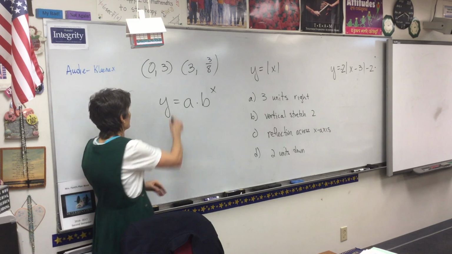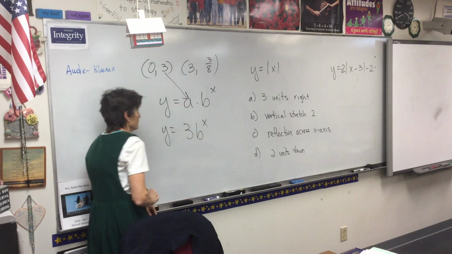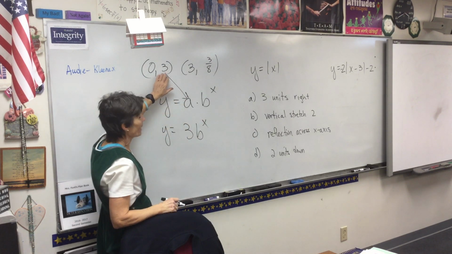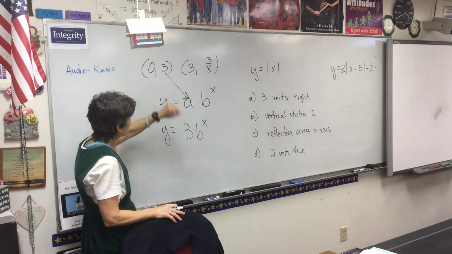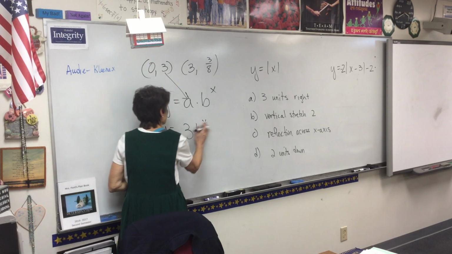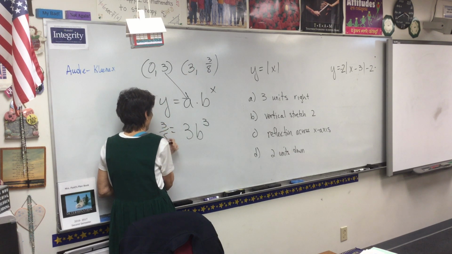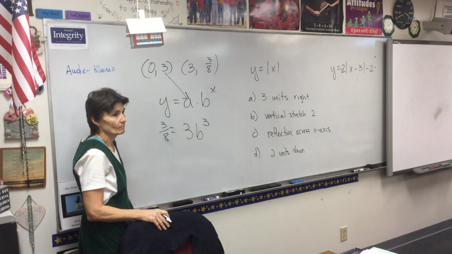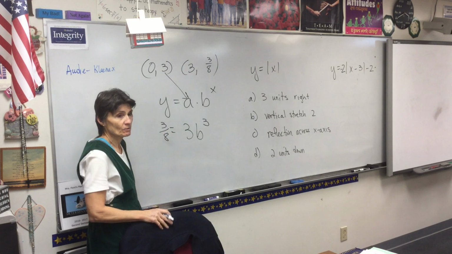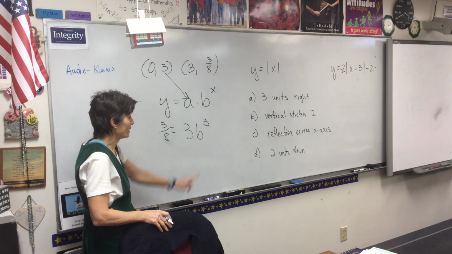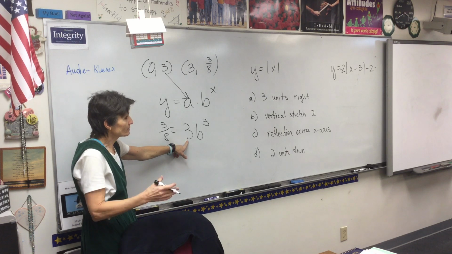Anyhow, we know that a is 3, because a is always the y-intercept, the initial value. So now I'm going to plug 3 in for the x and 3/8 in for the y, and I'm going to solve that. To solve that, the first thing I have to do is get rid of the 3. Now, obviously you think, oh, I'll divide by 3.